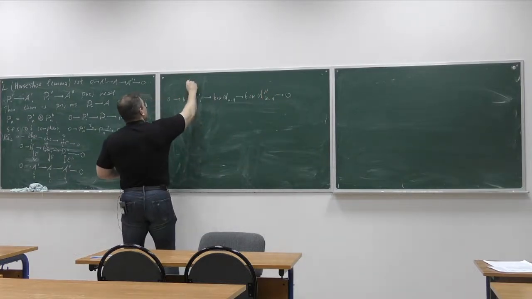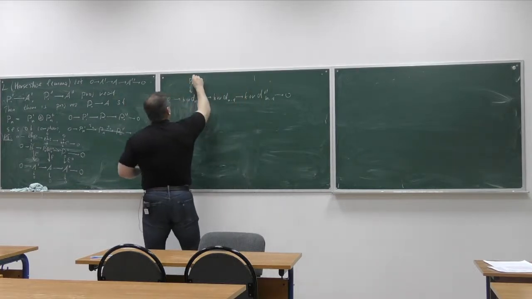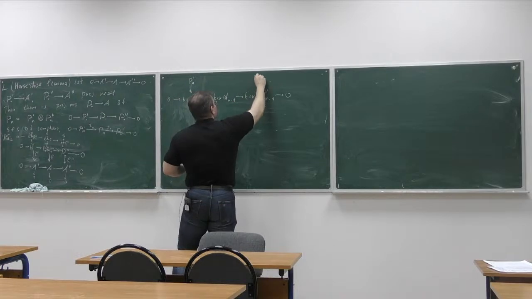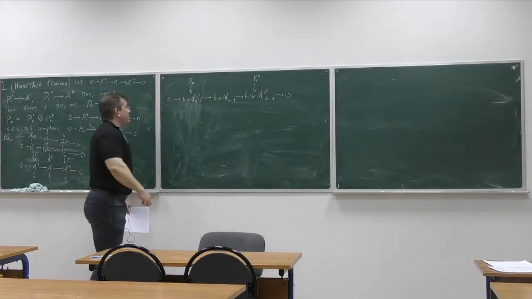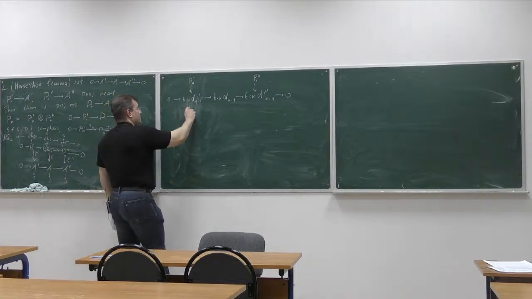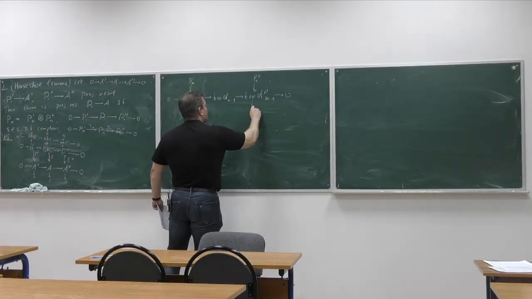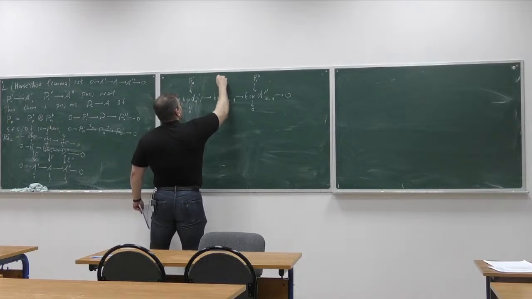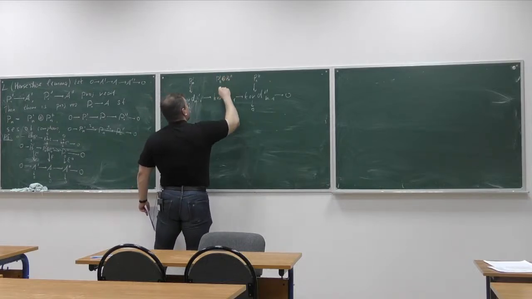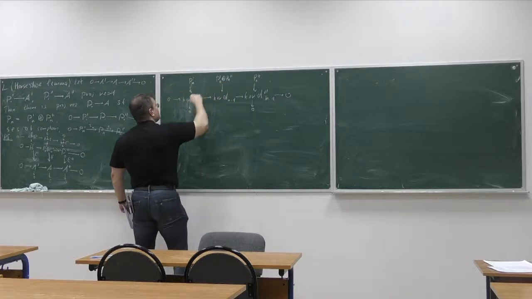So here I have Pn, Pn prime, Pn double prime. So these things are by construction epimorphisms. So then again, as before, take the Pn prime, Pn double prime sum, and I just do the same thing.